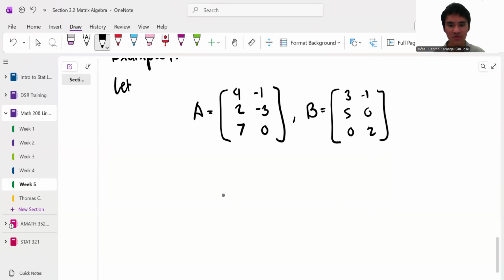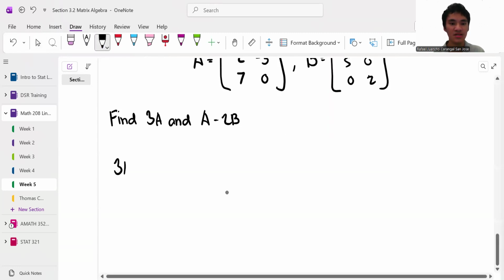And what we want to do is find 3A and A minus 2B.